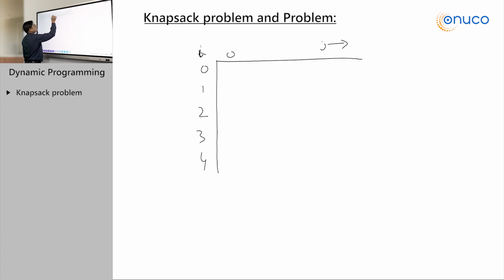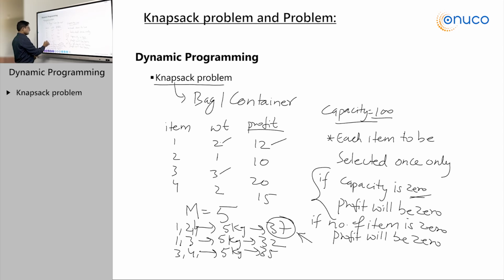So the capacity of the bag can be 0, 1, 2, 3, 4, 5. Why 5? Because I have taken the capacity of the bag as 5 in the previous iterations. If the capacity of the bag is 5, our profit should be maximum.